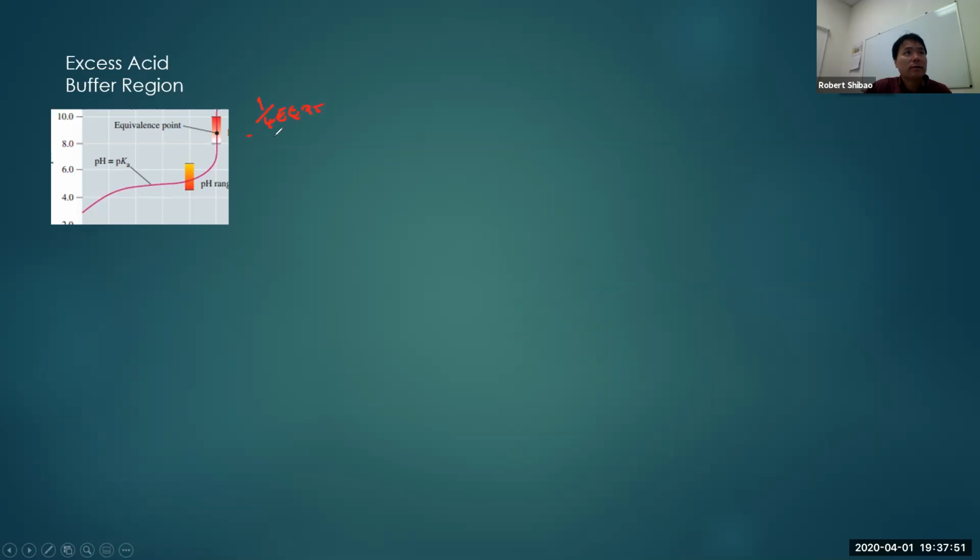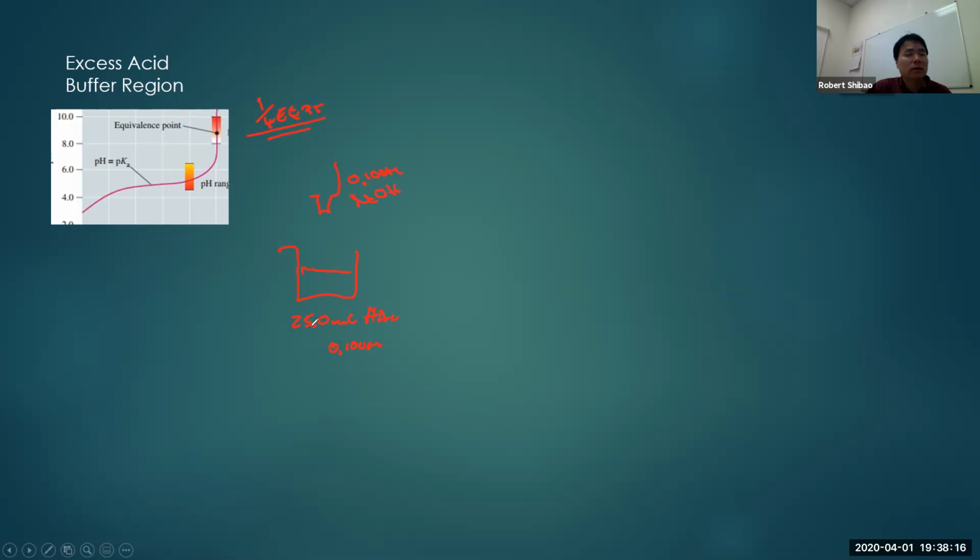And so I do the same thing. If I'm going to neutralize 1/4 of my acid, which is 25.0 milliliters, I start over. Each problem I start over again of 0.100 molar acetic acid. If I want to neutralize 1/4 of this, then I have to add in the same 0.100 molar sodium hydroxide.